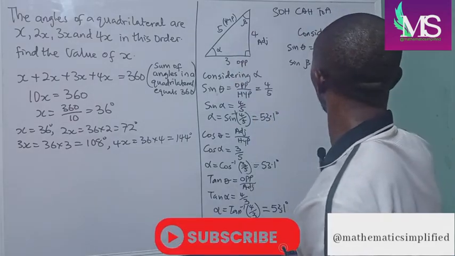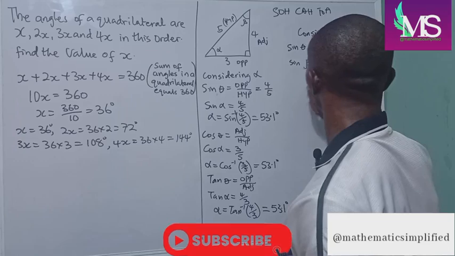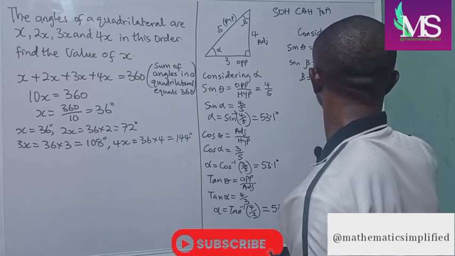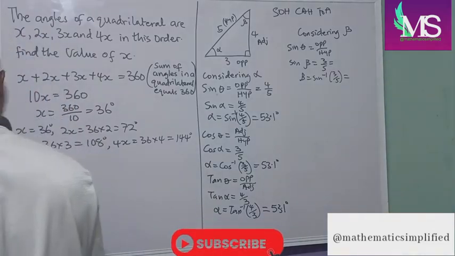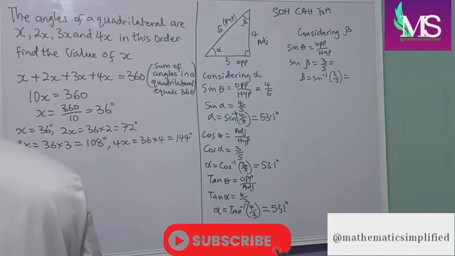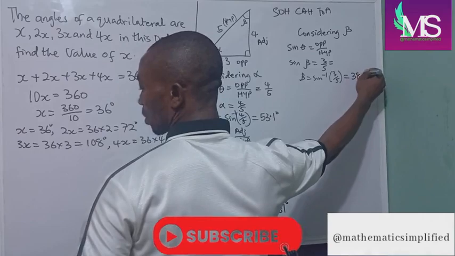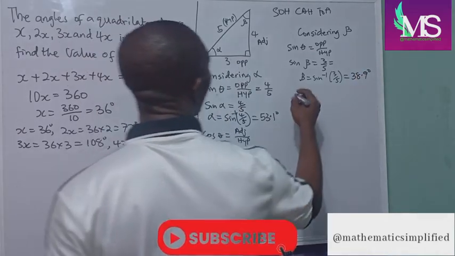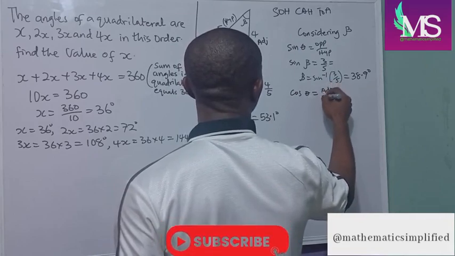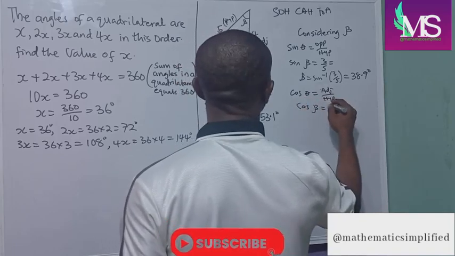Opposite is 3 over 5, so beta equals sine inverse of 3 over 5, which will give us 38.9 degrees.